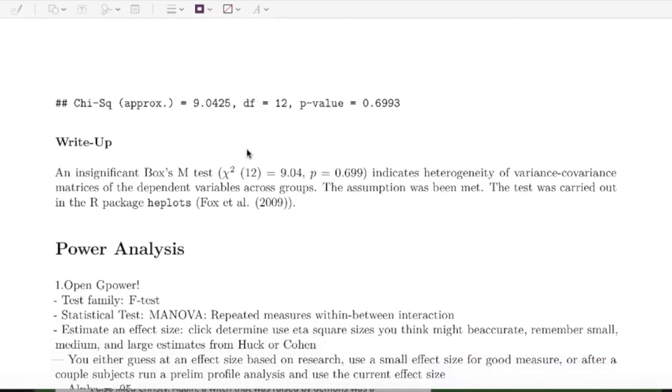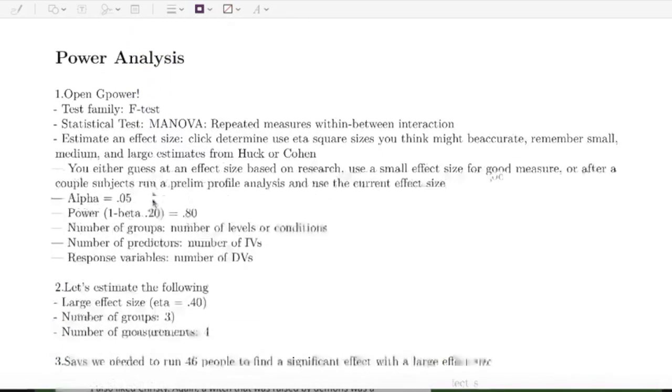I hesitated for a second. So I got all my information, and I do not reject the null hypothesis, and that's actually good. It indicates that I met the assumption. Cool.